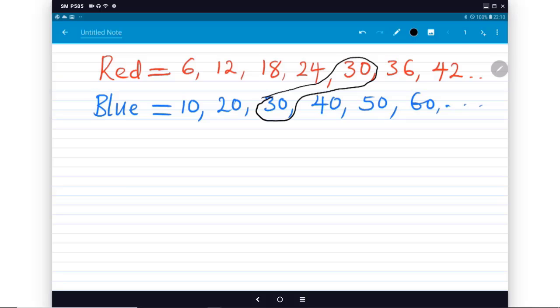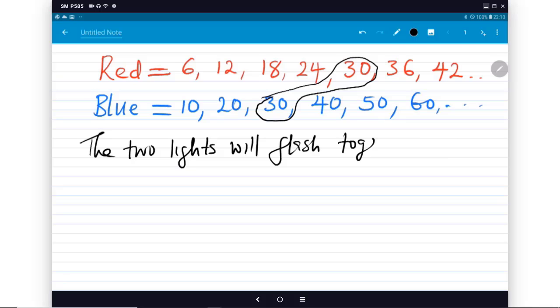That means 30 seconds from now, the two lights will flash together again, after 30 seconds.